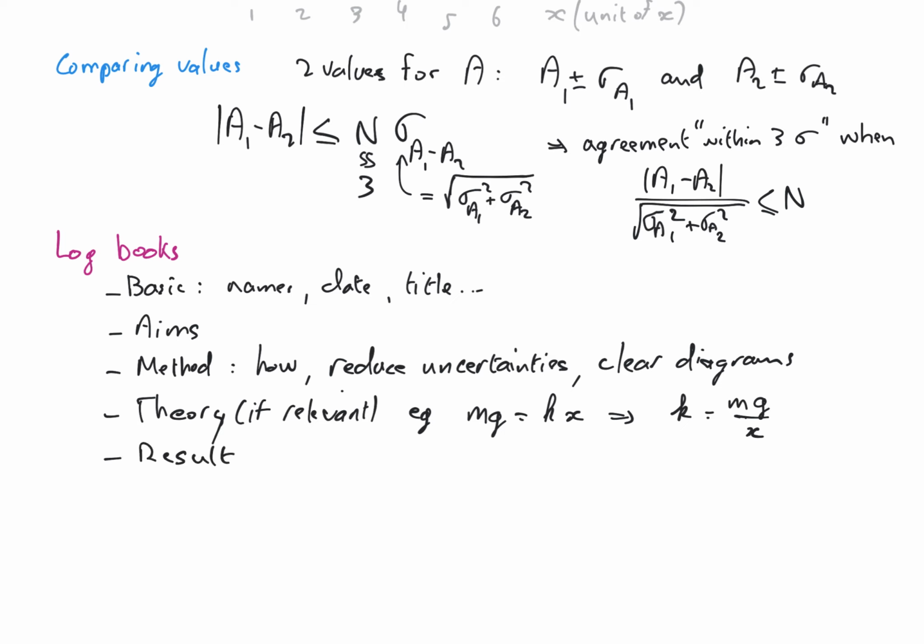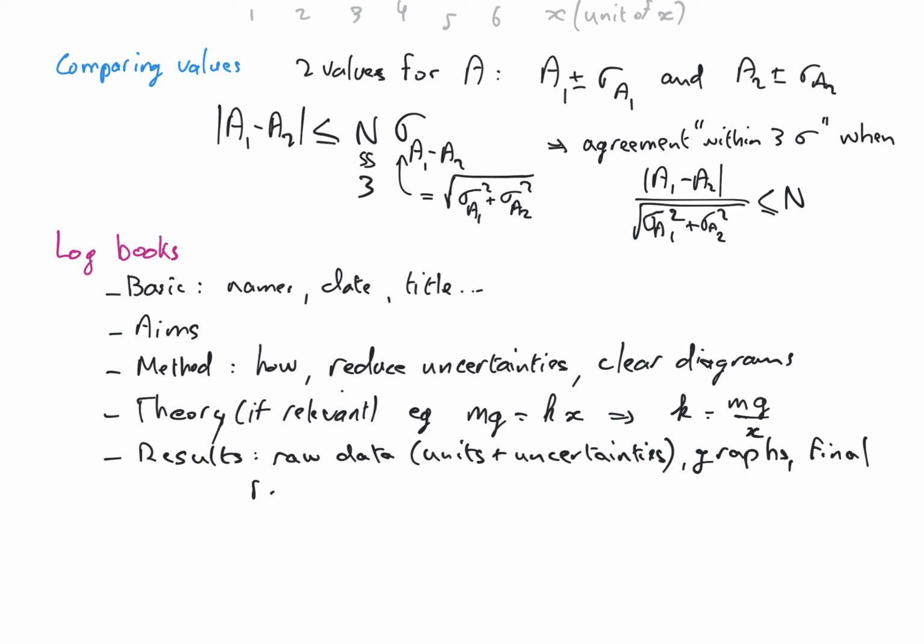The raw data needs to be there, including their units and uncertainties. You need to give the graphs which you are producing, as well as the final result. So in this case, what is the value of the spring constant you extract? And this needs to contain, of course, units, but also uncertainties, and importantly, how you derived these uncertainties.